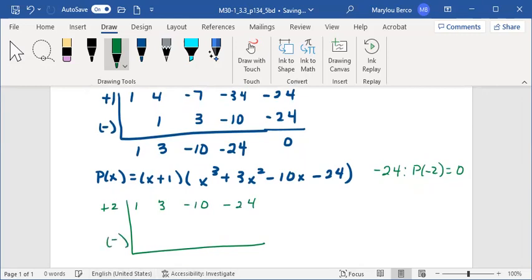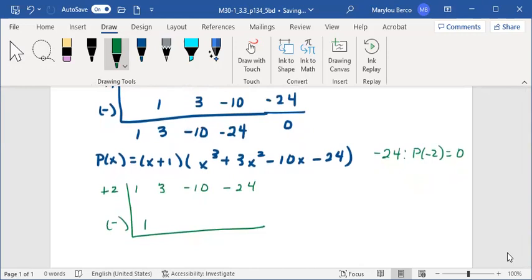So bringing down the 1, 2 times 1 is 2, 3 minus 2 is 1, 1 times positive 2 is positive 2, negative 10 minus 2 is negative 12, negative 12 times 2 is negative 24, and indeed my remainder is 0.